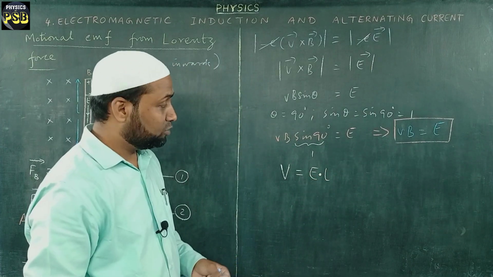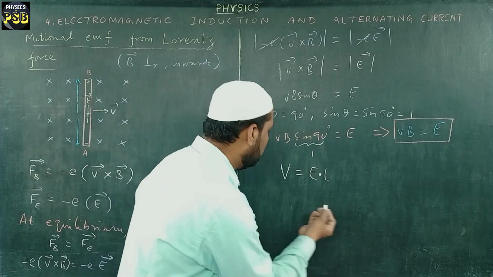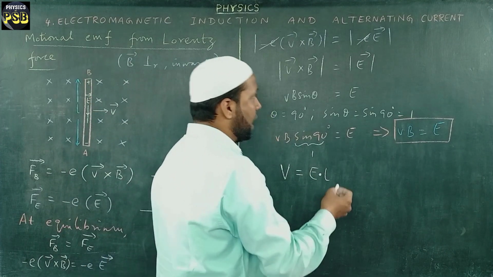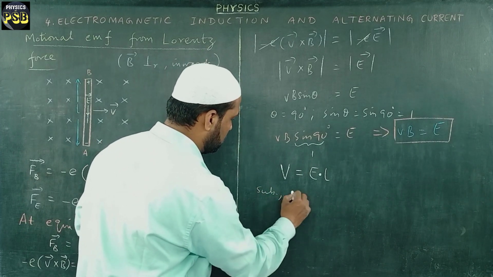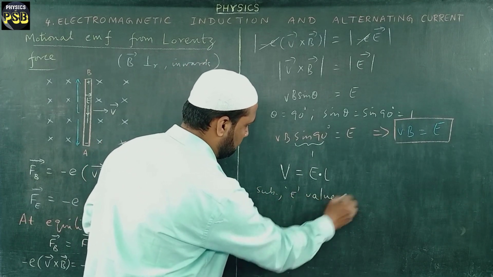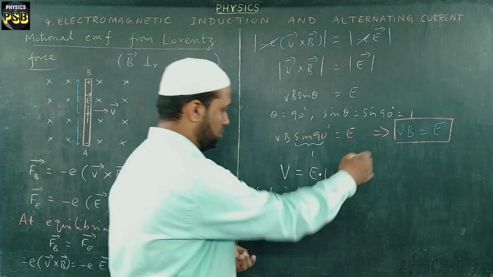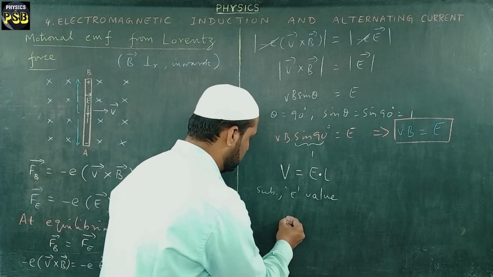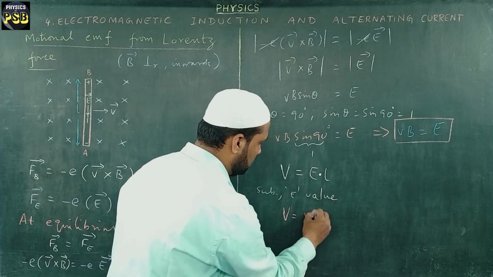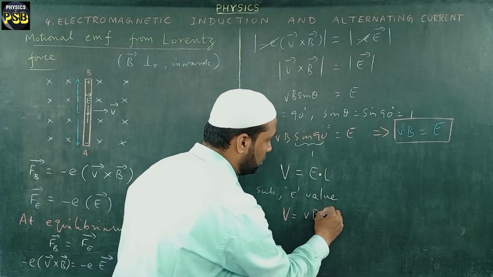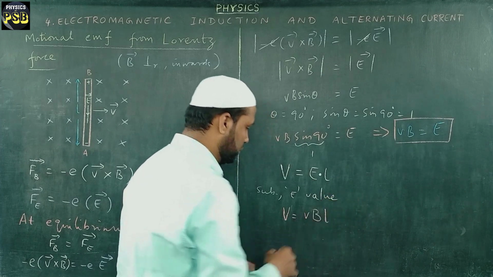This we have studied in electrostatics. Now, here I am going to substitute the value of E. So V equals v B times L.